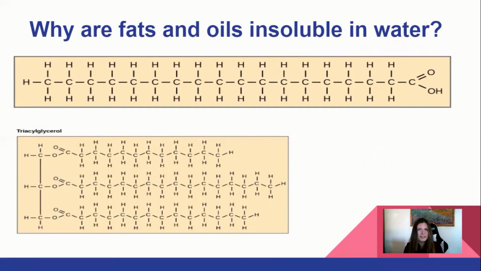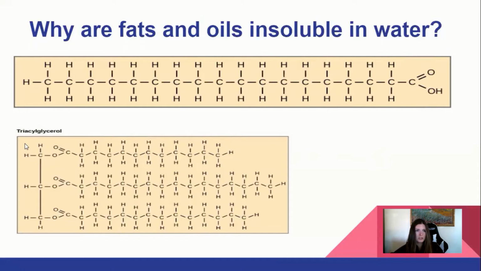Now, I said before that our lipids are really united in the fact that all of our lipids don't interact with water and actually repel water. So now that we're looking at the chemical composition of these fats and oils, can we tell why that is? So when we're looking at all these carbon-hydrogen bonds, these carbon-hydrogen bonds are all nonpolar. So if you look at this fatty acid, the only place you could possibly have any polarity is in this carboxyl group, right?